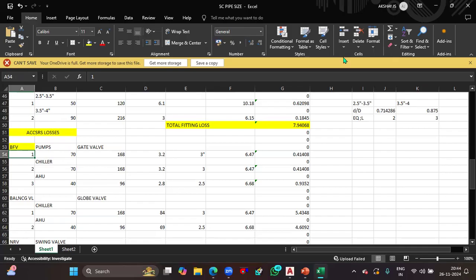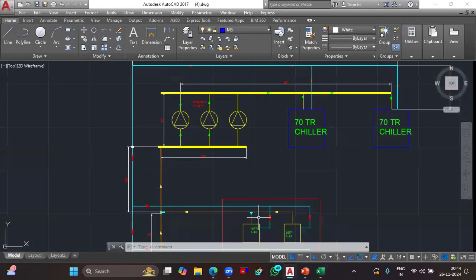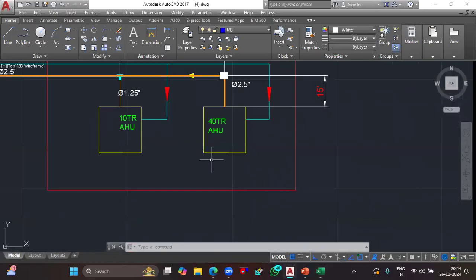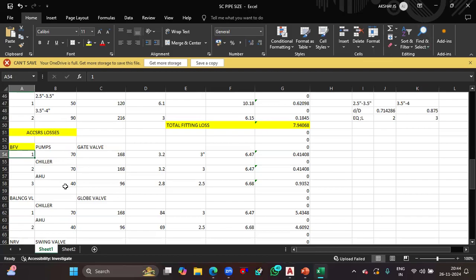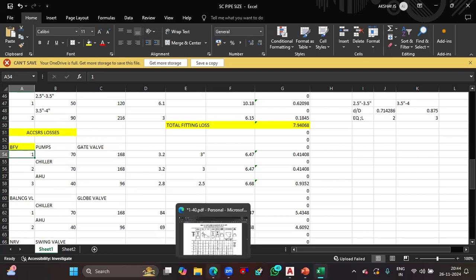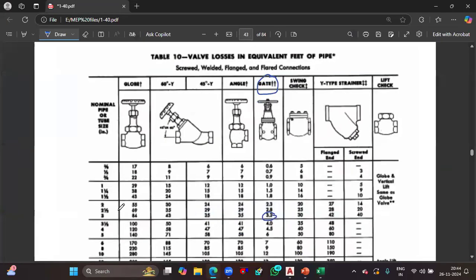Fine. All right. So according to our flow path, the only AHU that I'm going to consider is the farthest one. This is the 40-ton AHU. So for 40-ton AHU, you know, the flow rate is 96 GPM, and the pipe size is 2.5 inches. So for 2.5 inches pipe size, the value is 2.8, isn't it?